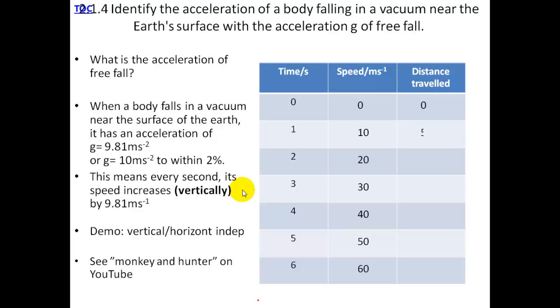After 1 second it's going to be 5, basically because during that 1 second by then it's travelling at 10, the average will be 5. By the end of 2 seconds it's going at 20 meters per second. The average speed is 10 meters per second and it's travelled for 2 seconds. But you notice that the distance travelled increases very rapidly.